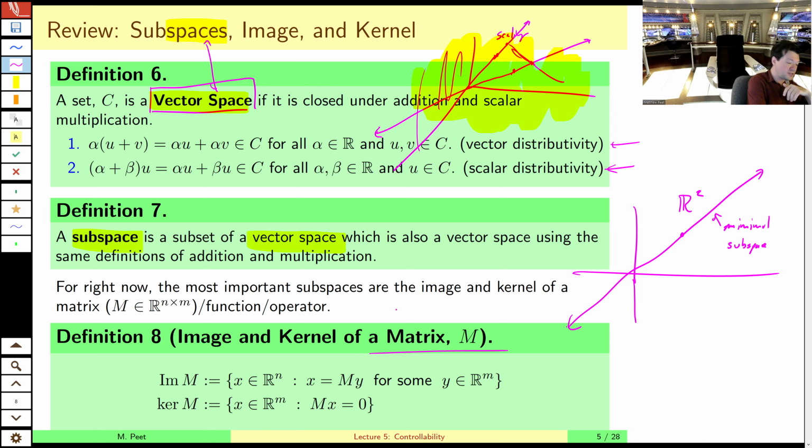So matrices are linear maps. Y equals mx, a map from a vector to a vector. And so, what are the two subspaces? Again, they have this weird name, kernel. Image is fairly clear, but the kernel, I don't know where they got the name kernel.